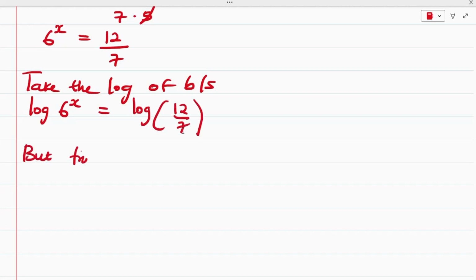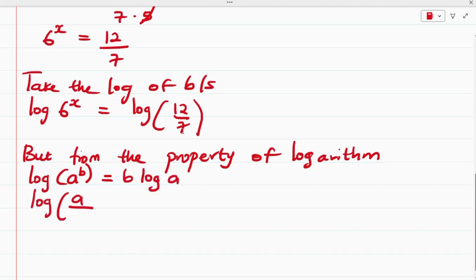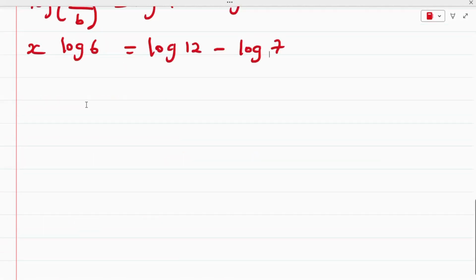But from the property of logarithm, we have that if we have log a raised to the power of b, this is equal to b log a, and if we have log a over b, this is equal to log a minus log b, right? So applying this to this equation, we have x log 6 is equal to log 12 minus log 7.